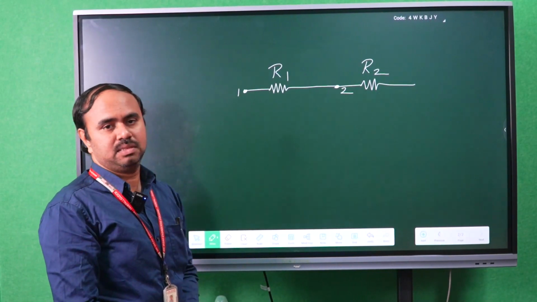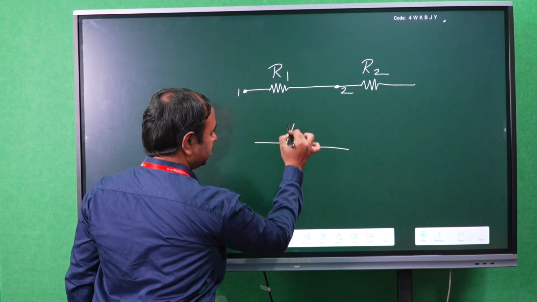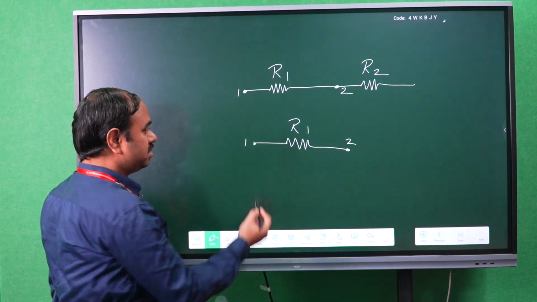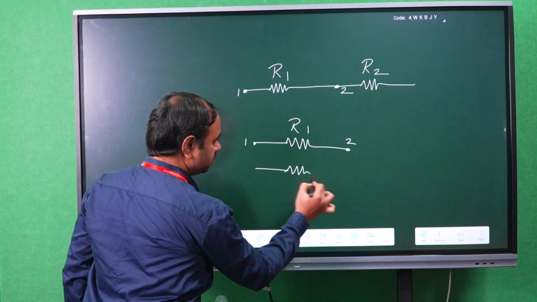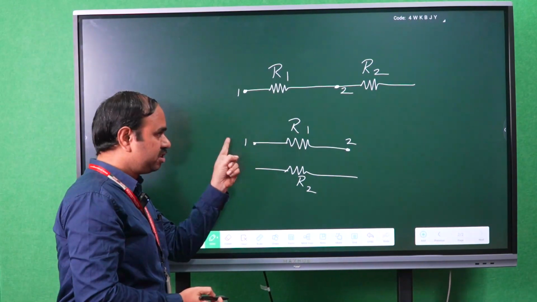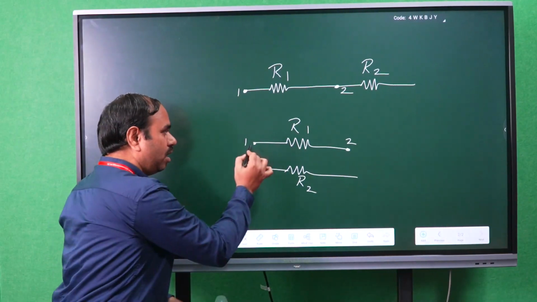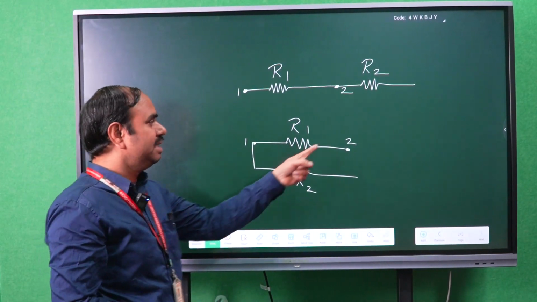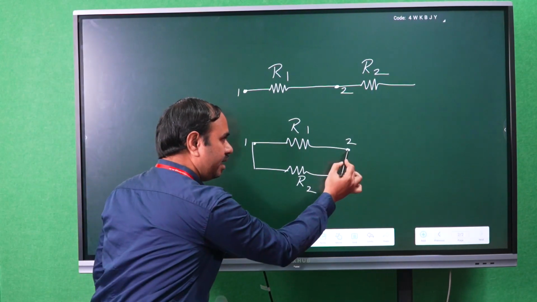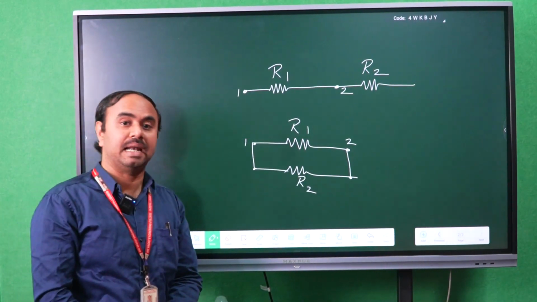Whereas parallel means, this is the first end and this is the second end, and I am connecting one more resistance R2, such that the first end of resistance R1 is connected to the first end of R2. Similarly, the second end of R1 is connected to the second end of R2, then it forms a parallel.